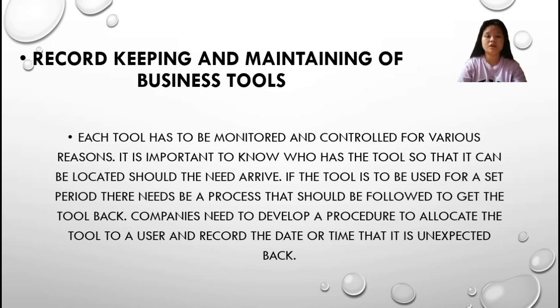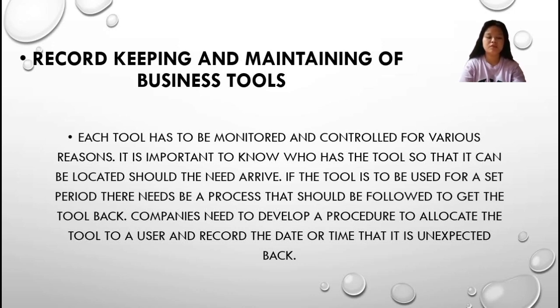Each tool has to be monitored and controlled for various reasons. It is important to know who has the tool so that it can be located if the need arises. If the tool is to be used for a set period, there needs to be a process followed to get the tool back.